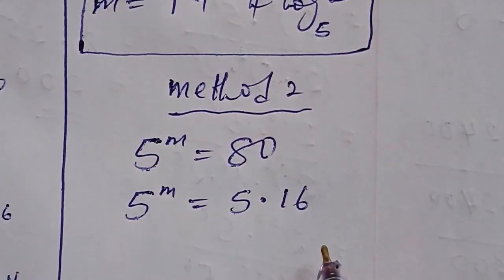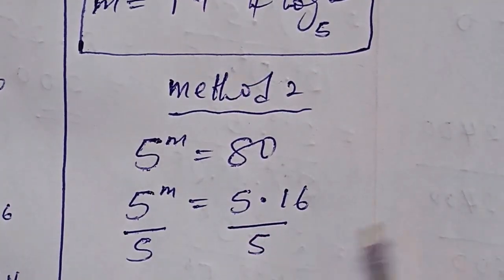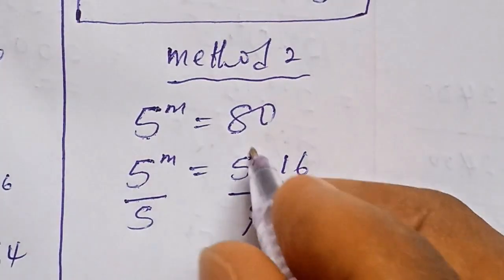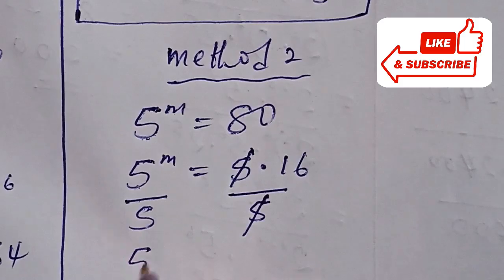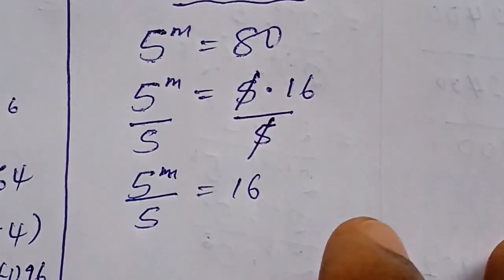Now we can divide through by 5. Then we have 5 to the power of m over 5 equal to 16.